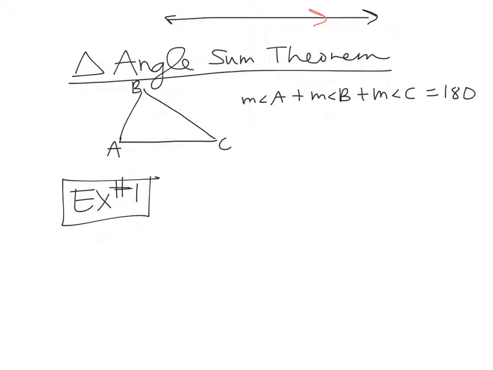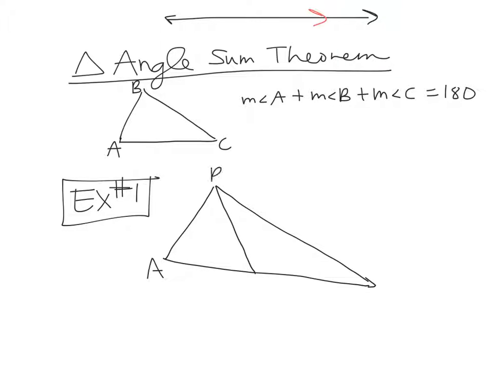First example, if I give you this triangle, oh, that's not straight at all. A little better. So this is A, B, C, and D. Let's say we know angle A is 59 degrees.